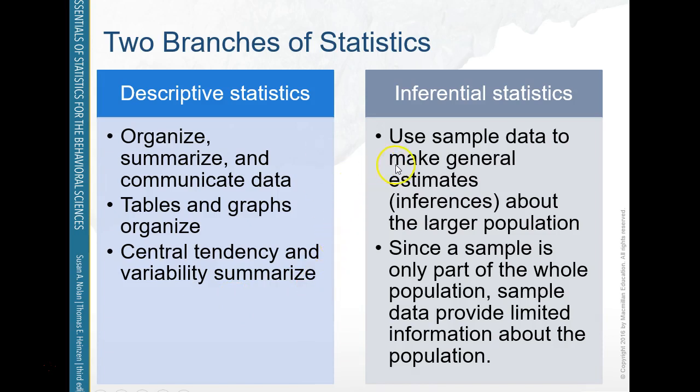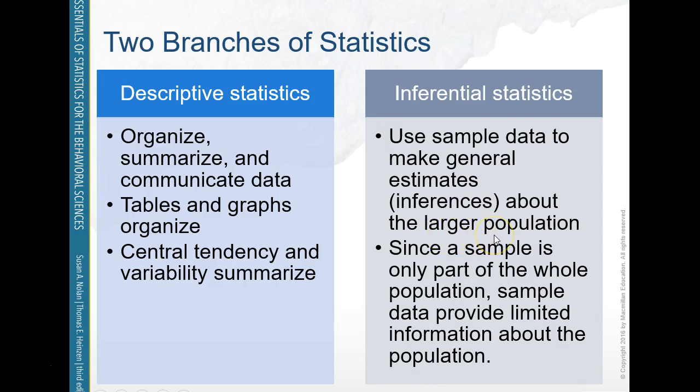After that, we're going to move to inferential statistics. That'll be after our first exam. And these are the statistics that we use to make estimates or inferences about the population based on our sample. Now, if you've never taken a statistics class before, these are probably things you've not heard of before.